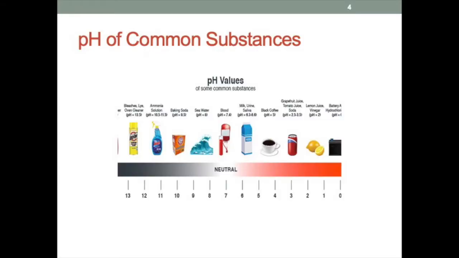So there's common substances that you can use to compare the pH scale. Bleaches are fairly basic. You're going to have oven cleaners, things like that can really get into hard, dry grease and everything.